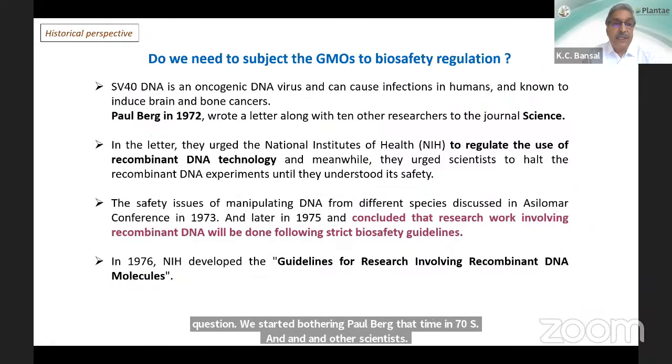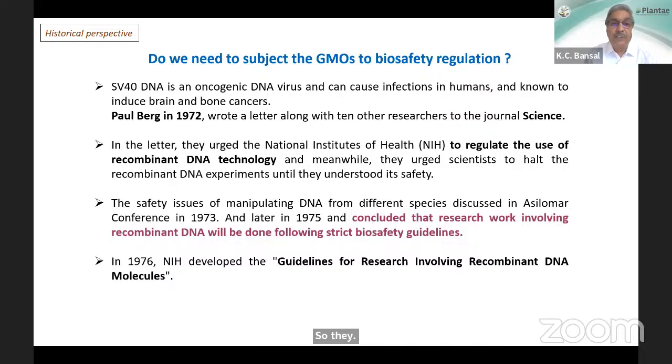So in other words, do we need to therefore subject these GMOs to biosafety regulation? And since the SV40 DNA, which was used by Paul Berg, is an oncogenic DNA virus and can cause infections in humans, and is also found in monkeys, and is known to induce brain and bone cancers, Paul Berg in 1972 wrote a letter along with 10 other researchers to the journal Science.